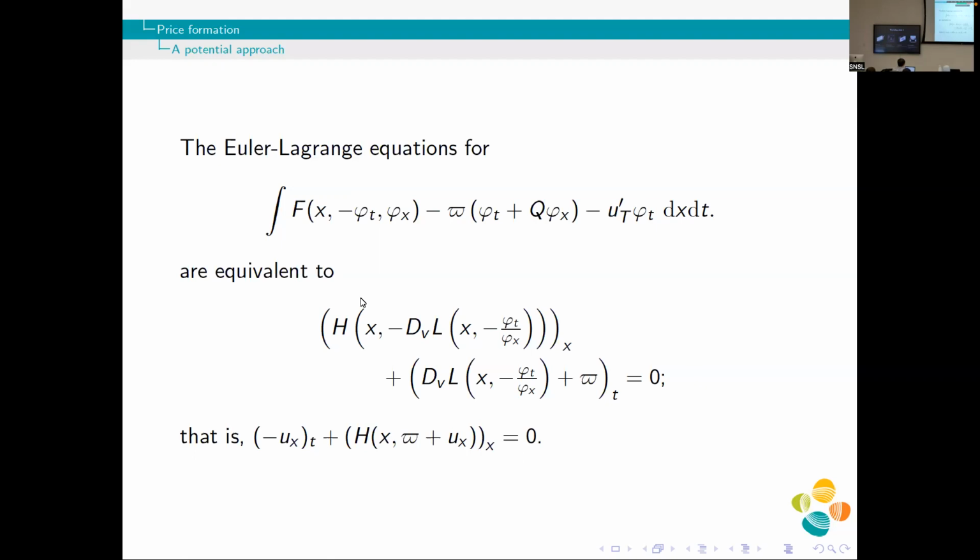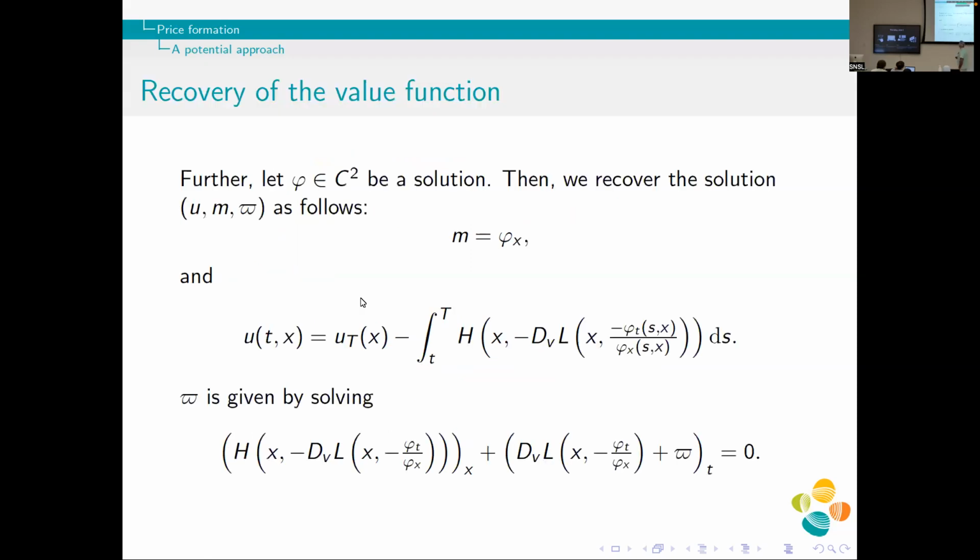There is a functional that we can cook up fairly explicitly out of the Lagrangian, using the price as a Lagrange multiplier for the balance supply, such that if I have a minimizer of this, then it will satisfy the optimality conditions. Sorry, the optimality conditions are equivalent to the system that I want to solve. And then you can recover the solution.